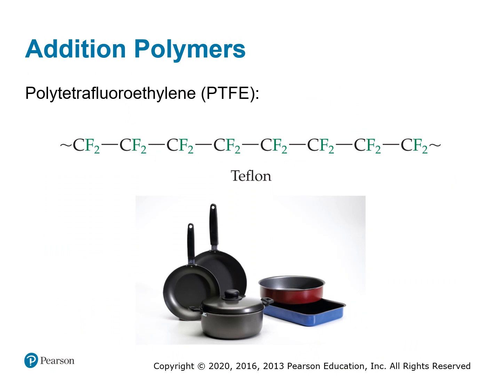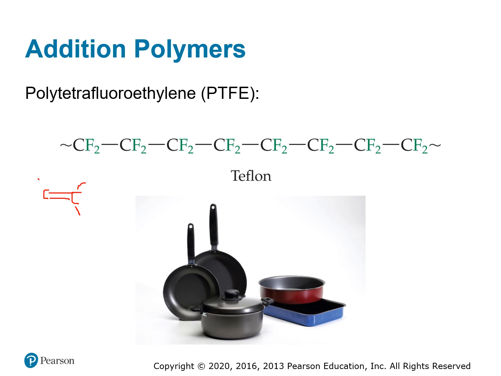Now, another type of addition polymer. This is tetrafluoroethylene, that is Teflon. And so we will have the monomer. Let me write it down. The monomer will be carbon and carbon, and we will have four fluorines.